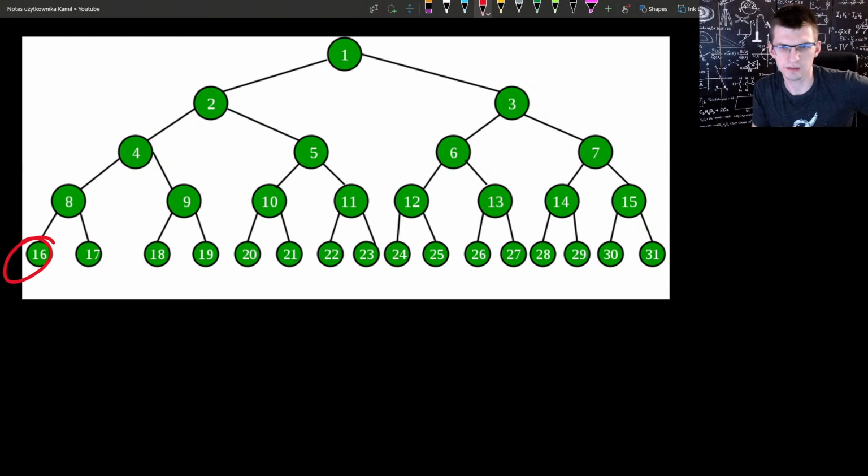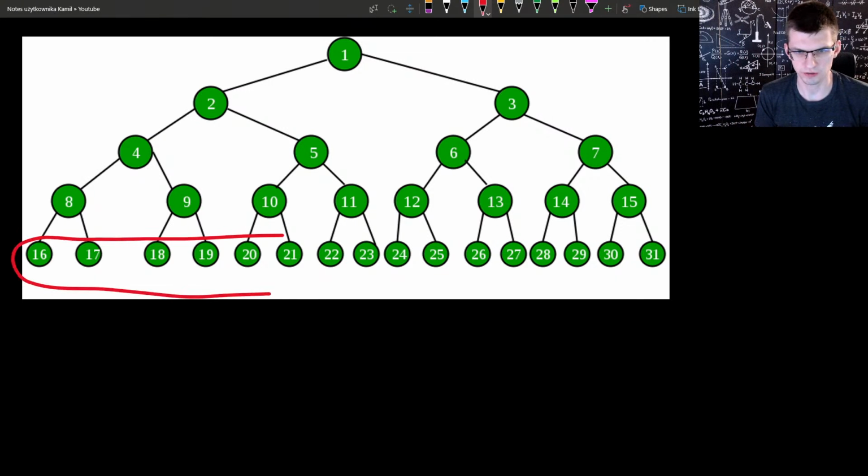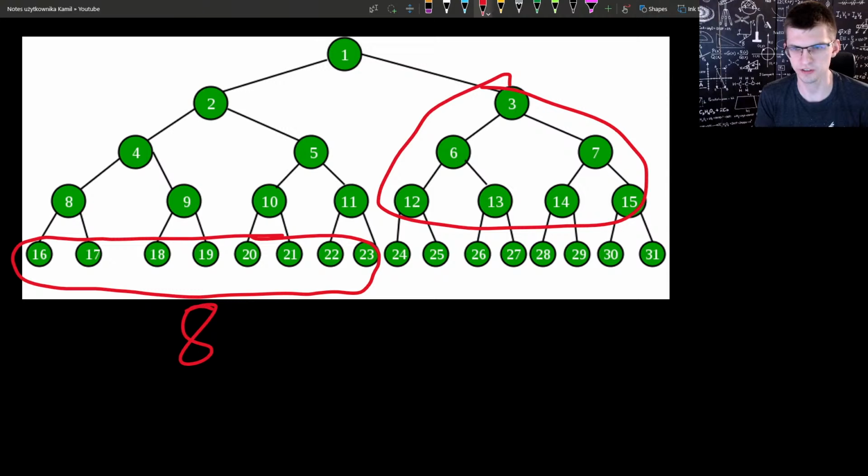From 16, let's make an edge. Wait. I want to have edges from those to everything here. There are 8 vertices here and 7 there, so that's possible.